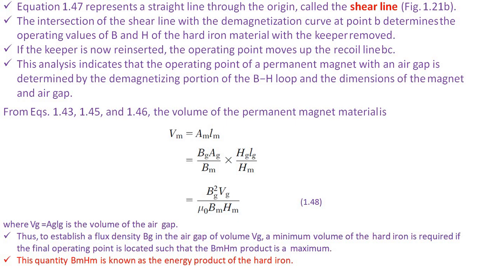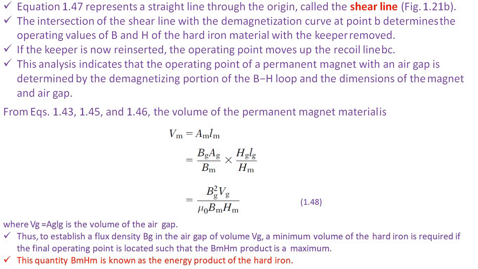Then Vm is equal to Am into L, that is equal to Bg into Ag divided by Bm into Hg Lg divided by Hm. That is, Vm is equal to Bg squared into Vg divided by mu naught into Bm into Hm, where Vg is the volume of the air gap.